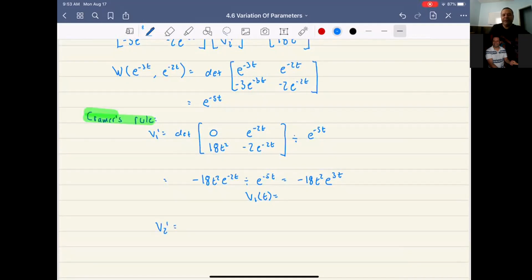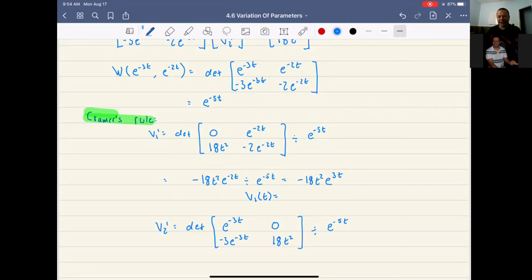v2 prime. Here we're going to put that 0, 18t squared into the second column. So it's going to be the determinant of e to the negative 3t, negative 3e to the negative 3t, 0, 18t squared, divided by e to the negative 5t.